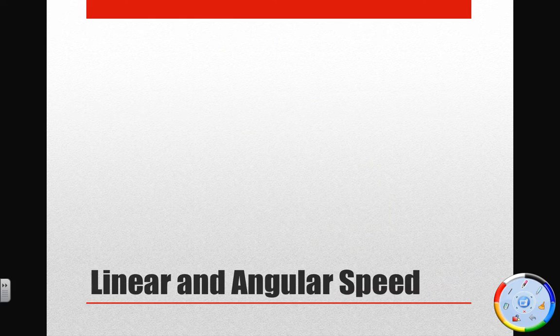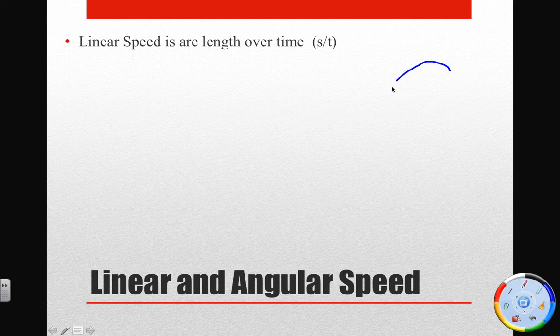All right, moving forward. Last little thing here, linear and angular speed. Linear speed is a speed along a path. If you had a wheel on your bike and a nail in your wheel, but you were still moving forward, you could figure out how fast that nail is moving around the circle using arc length.